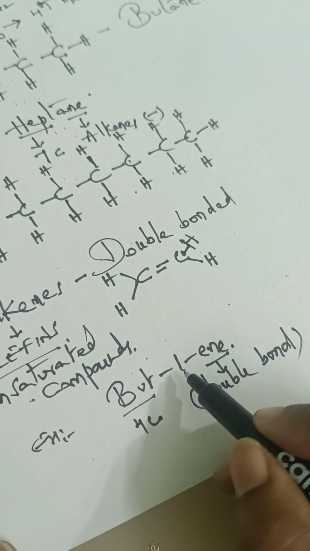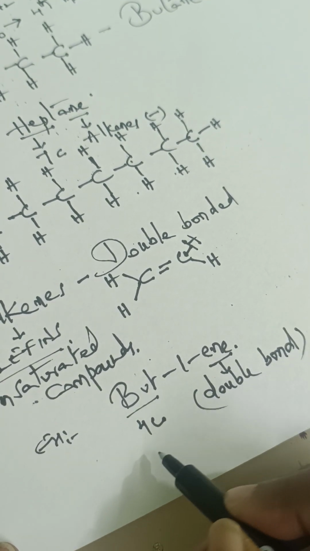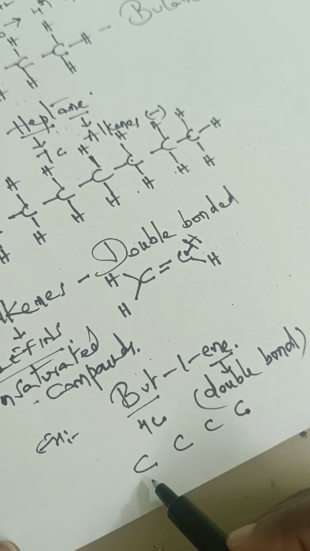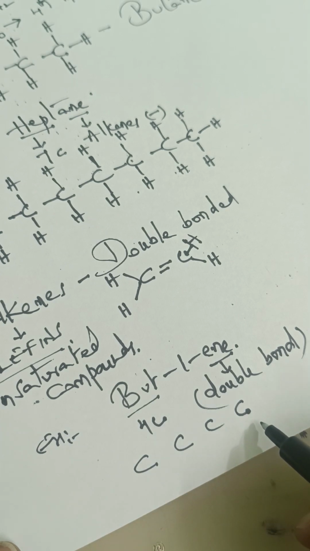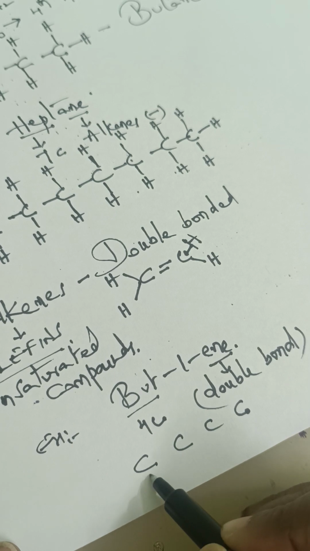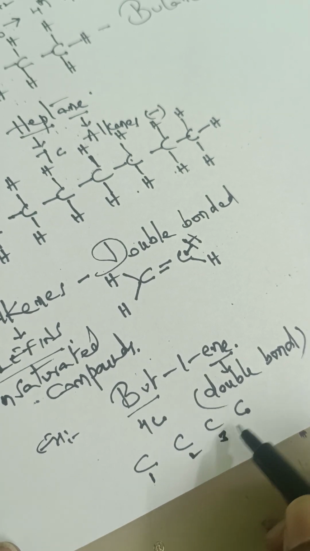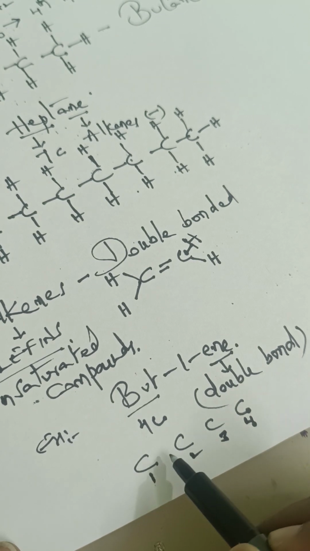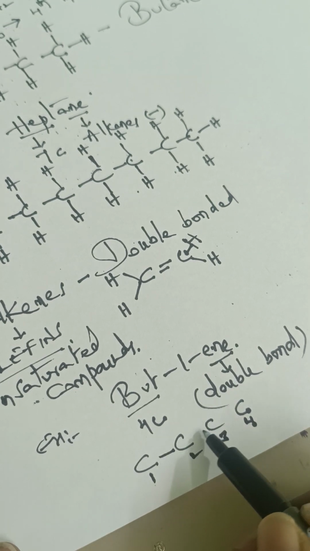Now I will take the structure. 4 carbons. 1, 2, 3, 4. And you can number it from the left side or from the right side. If you are numbering from here, C1, C2, C3, C4, we have given the numbering here, and we will place the bonds.